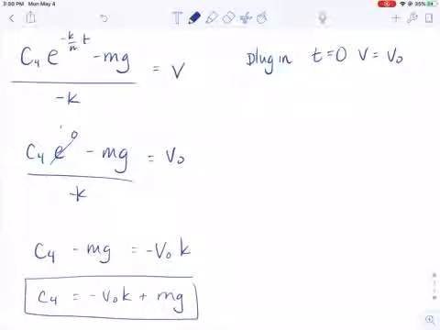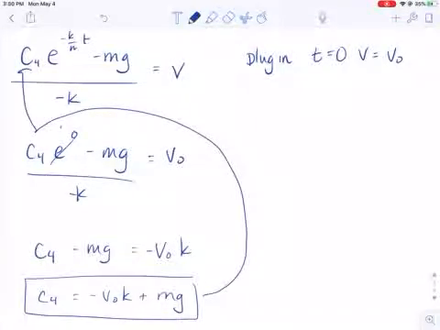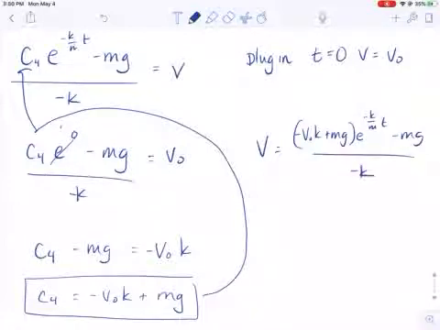So you could take that value and plug it back in to create the final value. V equals negative V naught k plus mg, e to the negative k over m t, minus mg, over negative k.